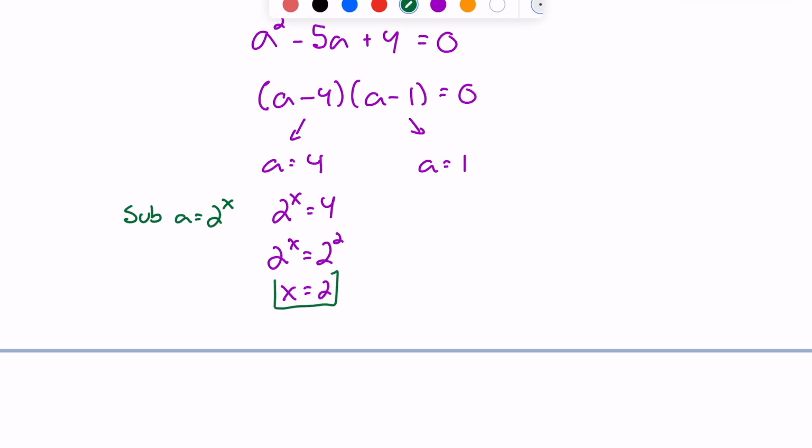That's one solution. And on the other side, you have 2 to the x equaling 1. Well, what gives you 1? Any base to the power of 0 is 1. So that would be the same as me saying 2 to the x equaling 2 to the 0, or x is equal to 0. That is another solution.